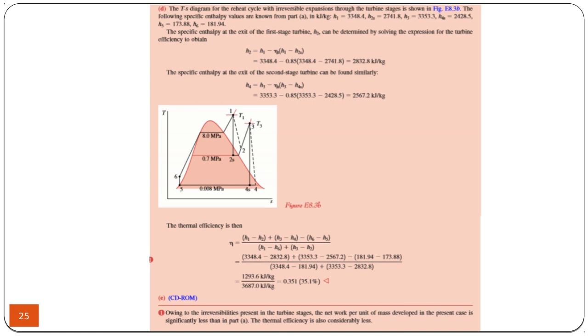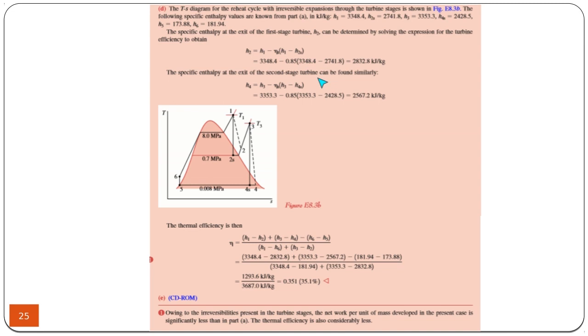So, as an extension to this problem, we now assume that the turbines have some irreversibilities. Both the first turbine, the high pressure turbine, and the second turbine, the low pressure turbine, have some irreversibilities, so we now know that they will produce less work than the isentropic turbines because of irreversibilities, such as friction of the steam and turbine blades.